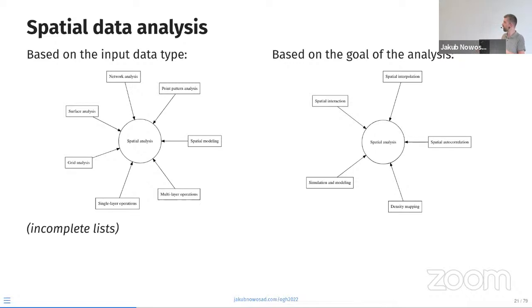So we will work probably differently with network data, differently with point patterns, and differently when we have multi-layer raster data. But we can also classify spatial data operations using what's our goal. Do we want to do some interpolation? Or maybe we want to do some simulation. And again, our approach and our tools will be slightly different.